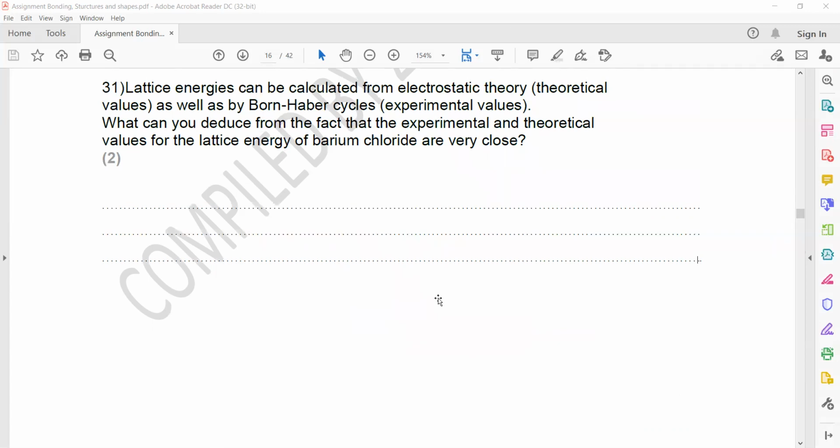So bonding is 100 or almost 100% ionic and there is no polarization or distortion to the ions.